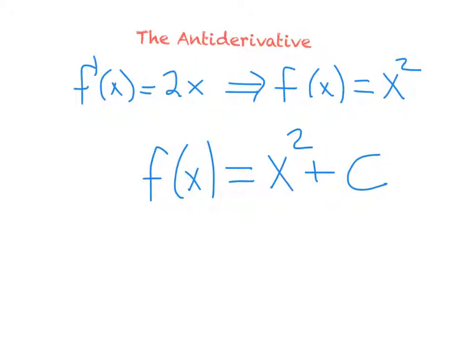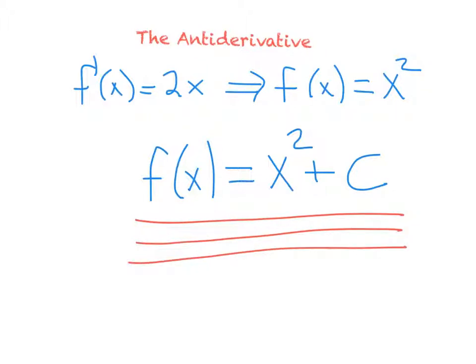This c is an arbitrary constant. It could be any real number because the derivative of a constant equals 0. So this is a family of functions. Graphically, the antiderivative of a function is a family of functions, and I'm going to show you a family of functions for this antiderivative.